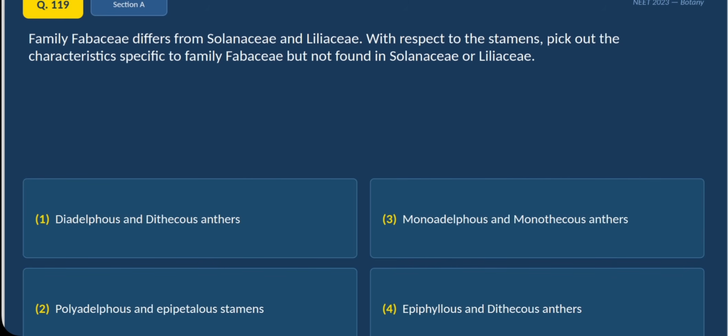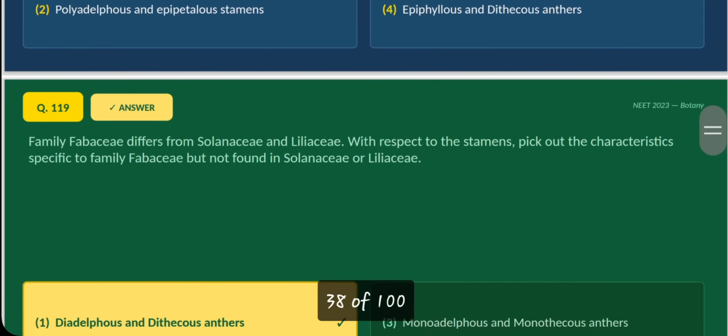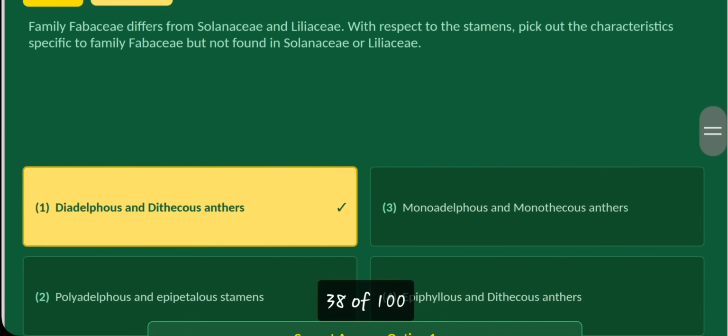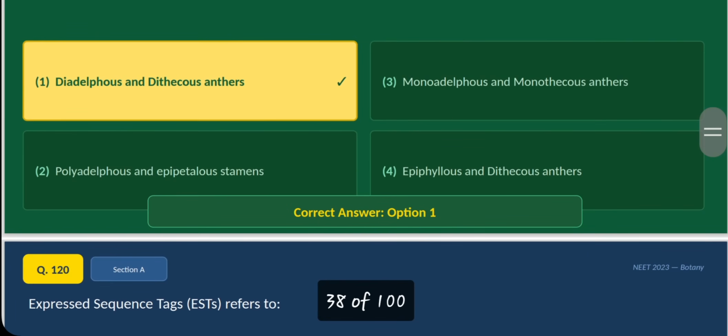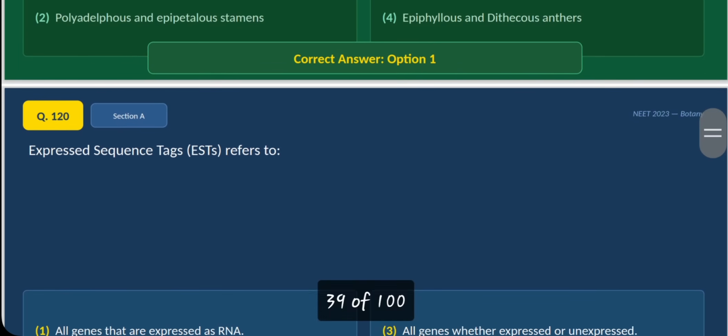So diadelphous and dithecous is the correct one. That is how they differ from Liliaceae and Solanaceae. The unique thing found in Fabaceae is the diadelphous (9)+1 arrangement. Nine of the stamens are fused to form a single bundle and one stamen is free. So 9 within brackets plus 1. That arrangement you would write in the floral formula.